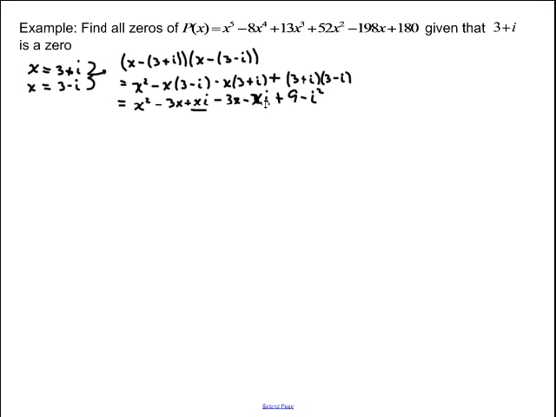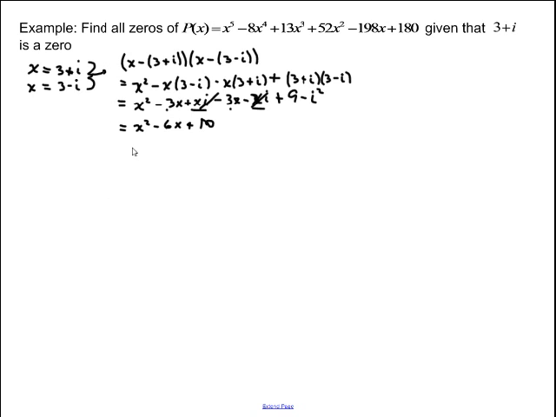So this xi and this xi are just going to cancel out. i squared becomes positive 1, so we're left with x squared minus 6x from our two terms, and plus 10 as our result. If you need to pause for a moment and fill in the in-between step that leads me from 9 minus i squared to 10, please do so.